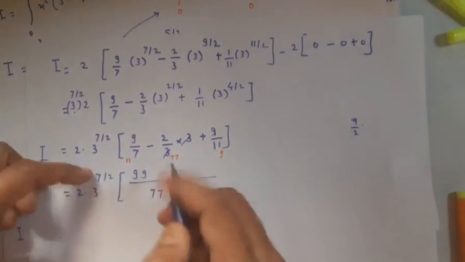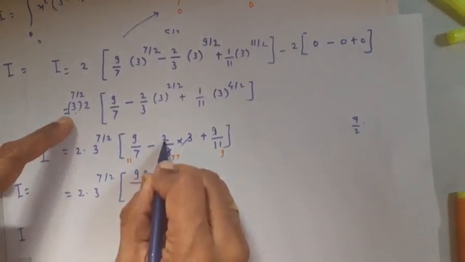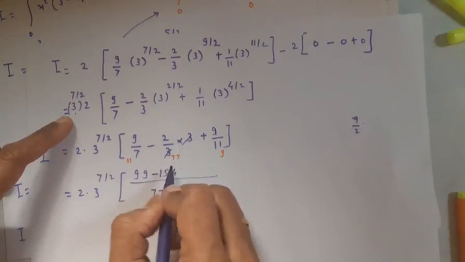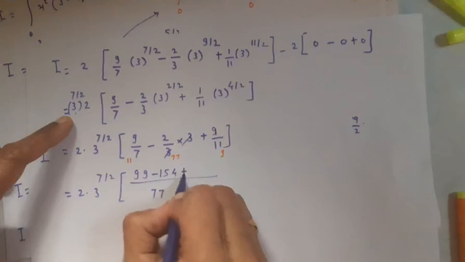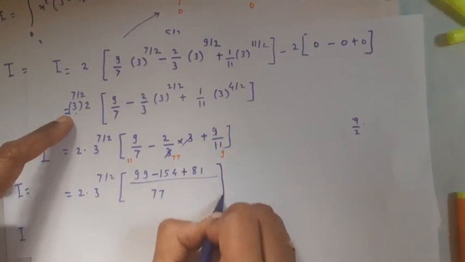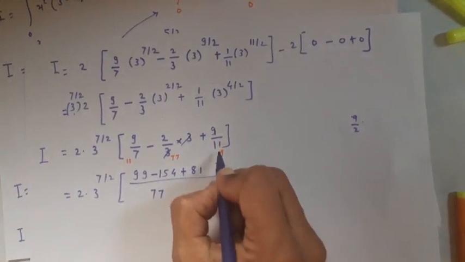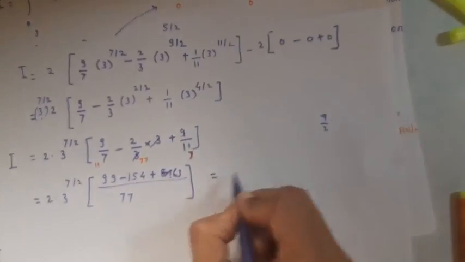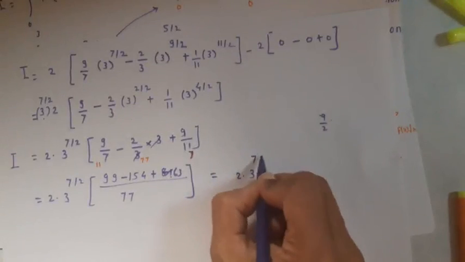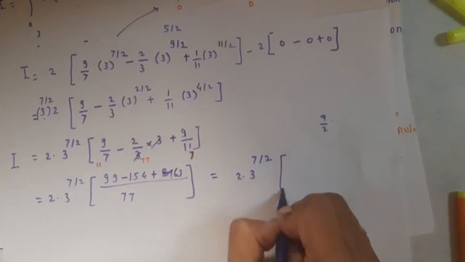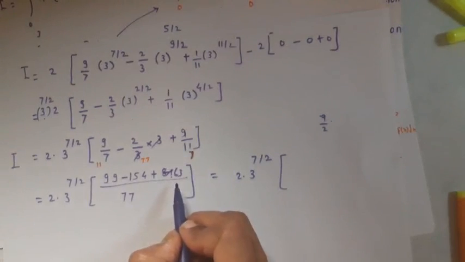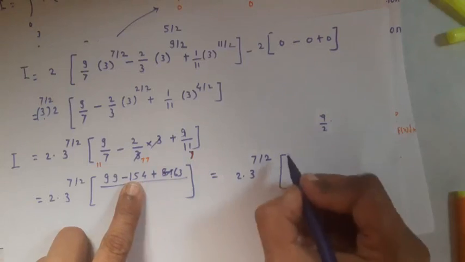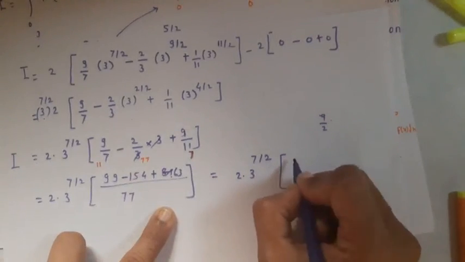Okay, and that is 77 into 2, that is 2 7s are 14, plus 1 is 15, and plus 9 into 9, that is 81. Okay, sorry, 9 into 7, and that is 63, and integration equals 2 into 3 raised to 7 by 2, 99 plus 63, that is 162, minus 154, and that is 8 by 77.